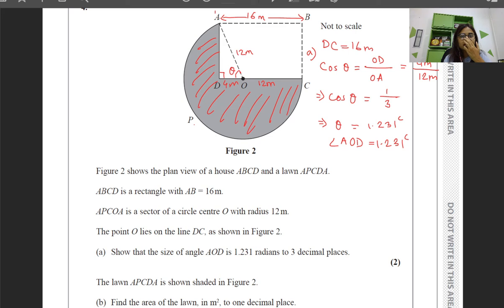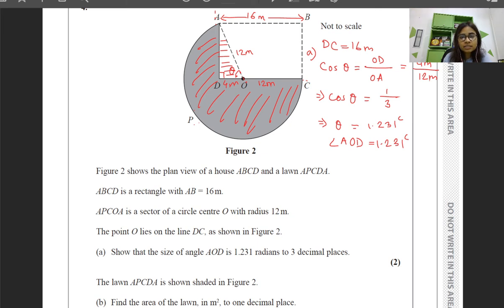If we can see properly, the easiest approach that I can see from this diagram is to find the OAPC sector first, and then we can eliminate the triangle, the right angle triangle ADO. So we can find the entire sector and then we can eliminate the triangle.